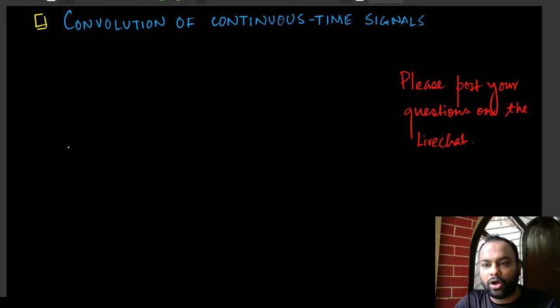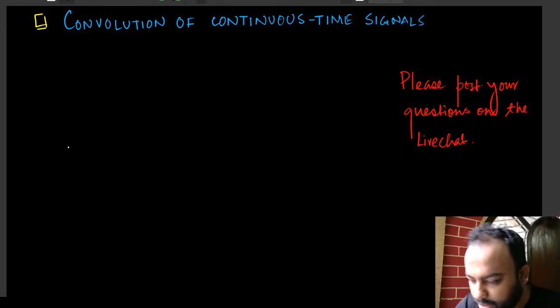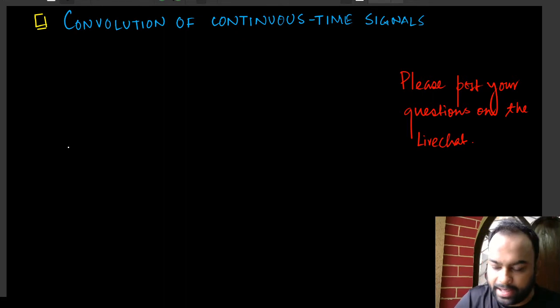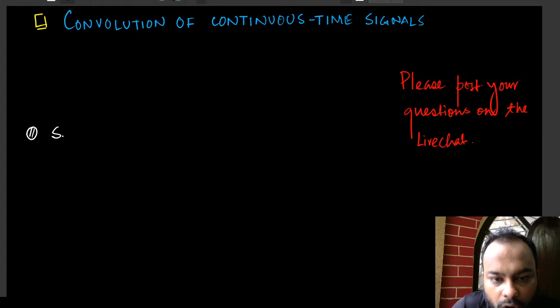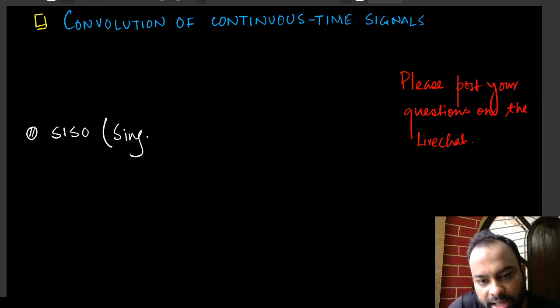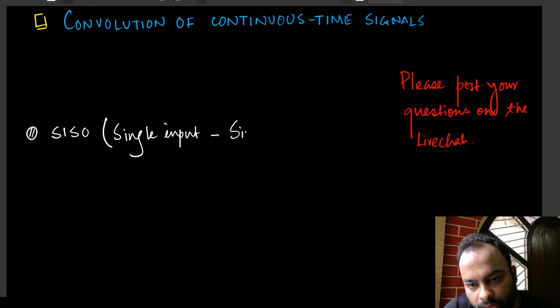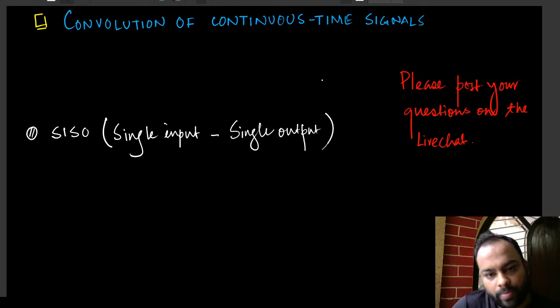These are all simplifications, and simplifications are meant for keeping things simple as needed. The terminologies that we are going to use today, you are familiar with. We are going to talk about single input, single output systems, so our systems need to be single input, single output for the most part for this to work.